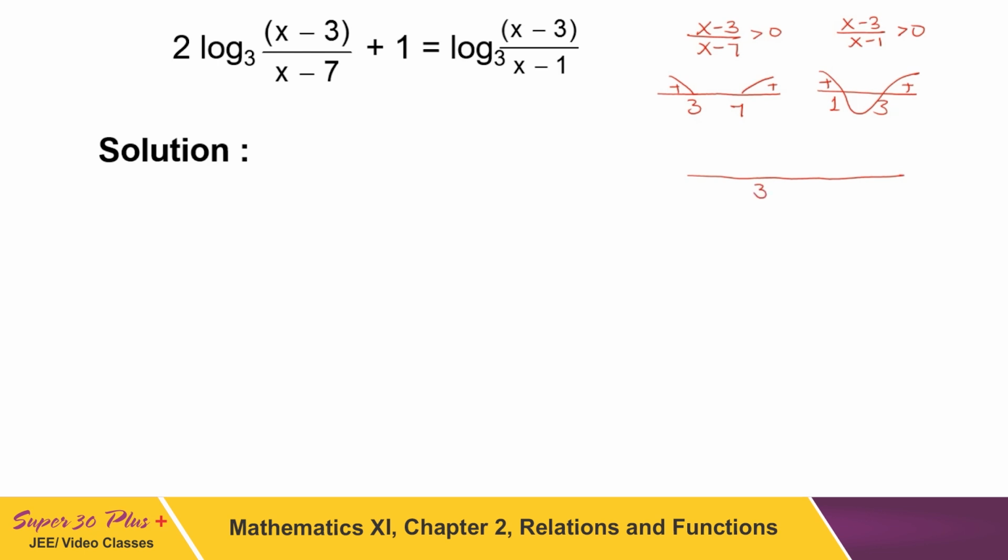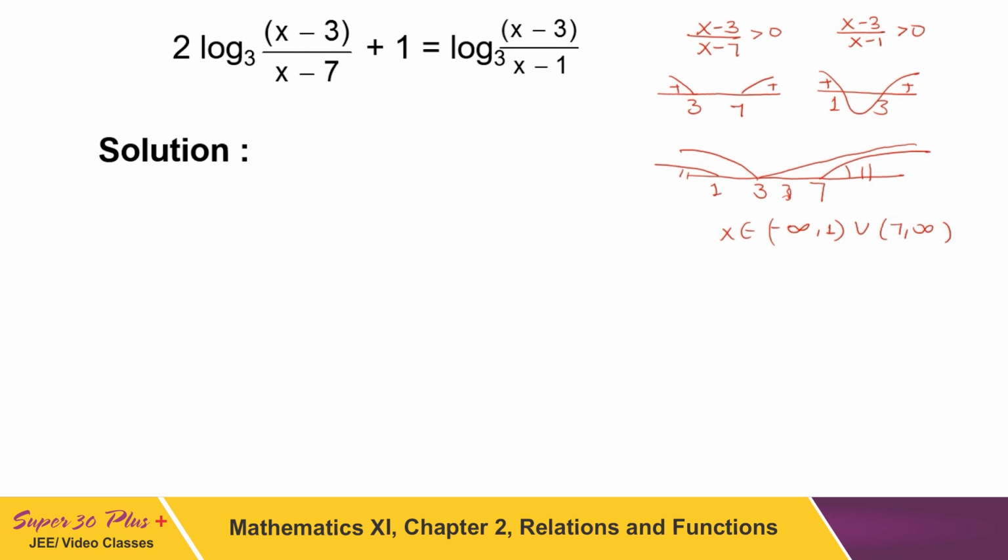It is from minus infinity to 3 and from 7 to infinity for the first, and from minus infinity to 1 and from 3 to infinity for the second. The common region will be this, and this means x belongs to minus infinity to 1, open, union, open 7 to infinity. This is the domain of the question, or you can say the equation is defined if x lies between these.